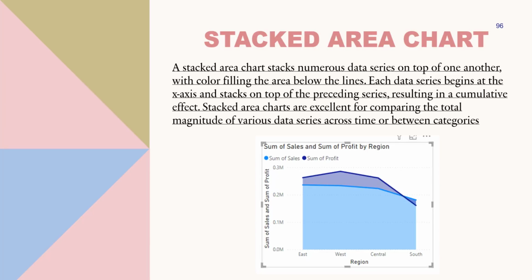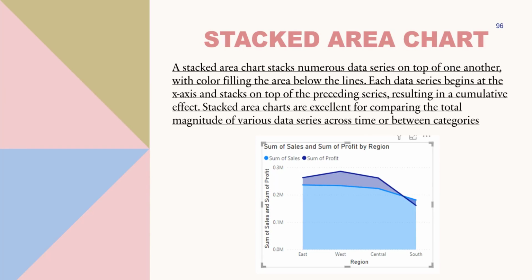This area chart is useful for comparing the total magnitude of multiple data series over time or across categories. These types of area chart provide different ways to visualize and analyze data, allowing users to choose the most suitable representation based on our specific requirement and data characteristics.